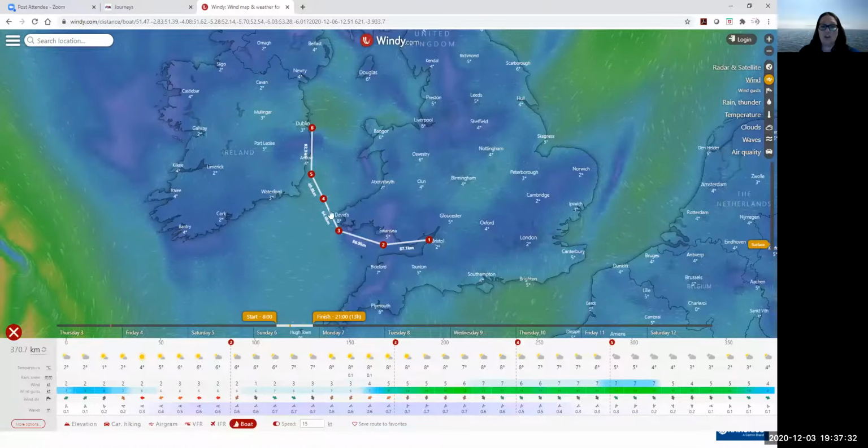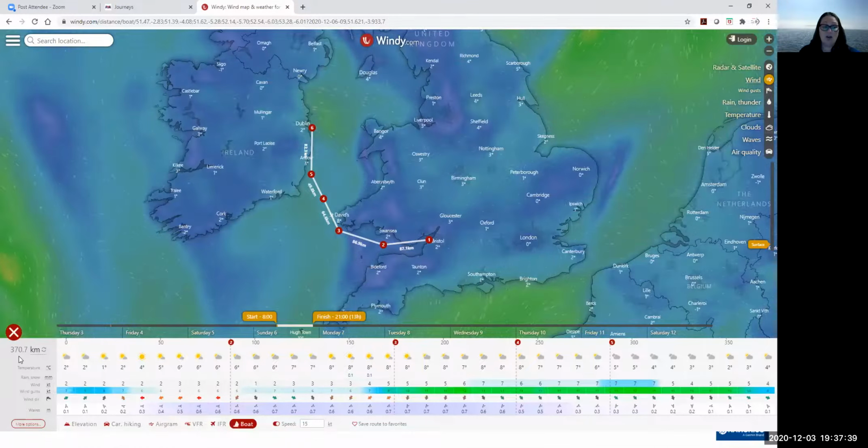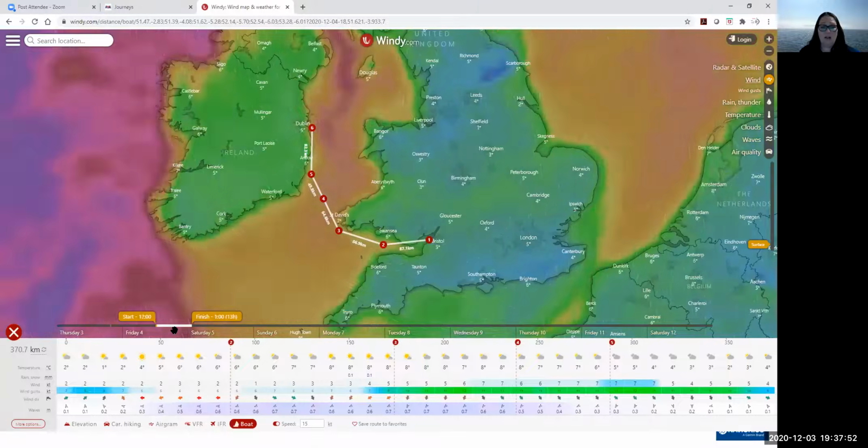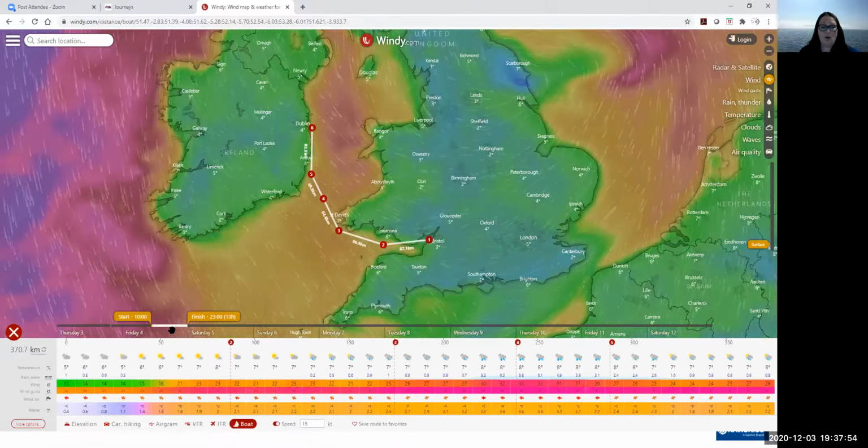I can also pop extra waypoints in if I want to, and I'm already getting an idea of how far that overall trip is. So this is giving me a total of 370 kilometers. You can turn it into nautical miles if you want to, but 370 kilometers, and I can actually have a go at planning what the trip would look like. Let's say we were going to go on Friday.